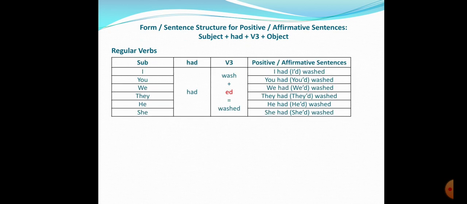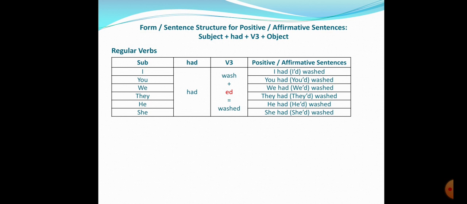Let's now go towards forming the positive or affirmative sentences. So here subject plus had plus V3 plus object is your form for positive affirmative. Again we will take regular and irregular, one example of both. So regular verbs. Now here students, no matter whether the subject is first person, second person, third person, no issues. With all the subjects in past perfect tense we will use had. Get this very clear in your head.